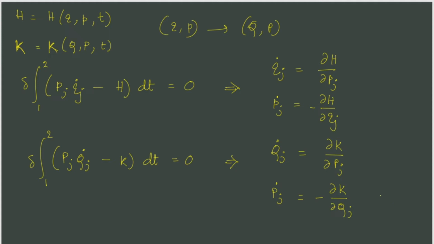So the question is, if the left hand side holds, so that means the modified Hamilton's principle works with the old set of coordinates and the new set of coordinates, then what can we say about the integrands in these two integrals?